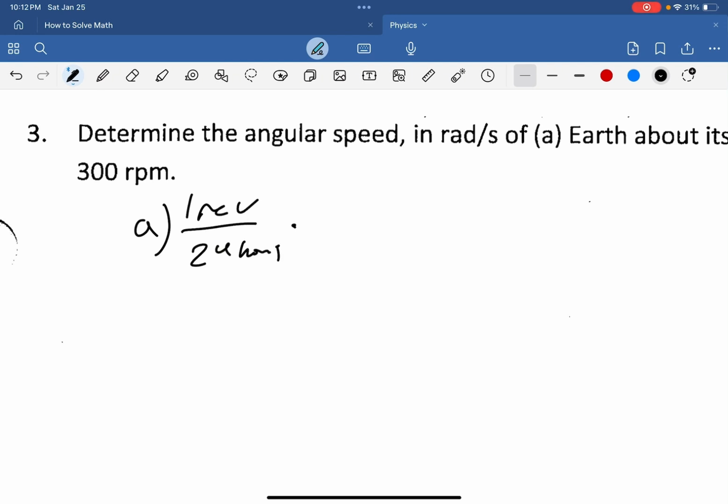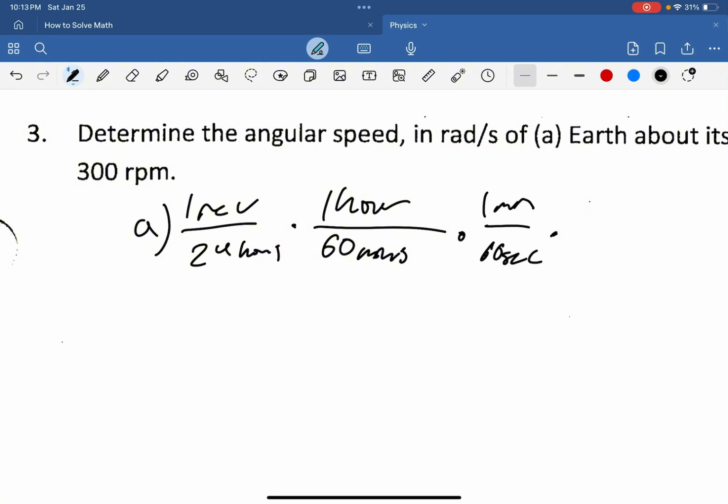So let's multiply by an hour, and then there's 60 minutes in an hour, so 60 minutes. But we want it in radians per second. So once again, we're going to multiply by a minute, and then divide by 60 seconds, and then we multiply by 2 pi radians, and then divide by 1 revolution.